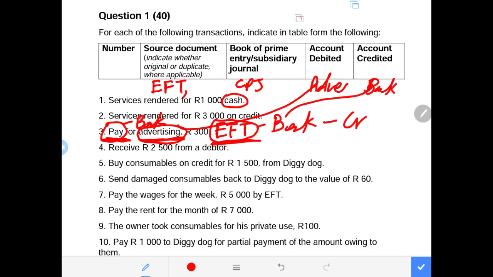In this case we are paying someone else, so we are the one that ought to keep the original receipt. If we deposit money to pay the advertising company's bank account, we keep the original document and they keep the copy or duplicate. Then that is our number 3.